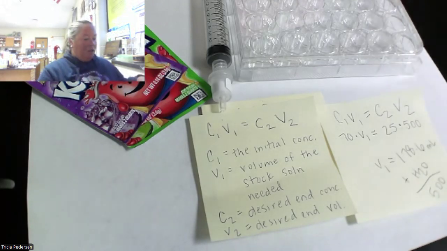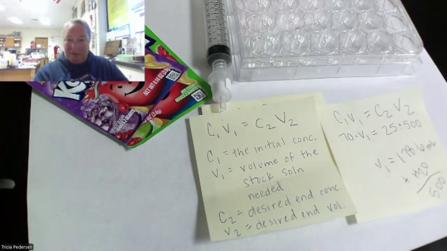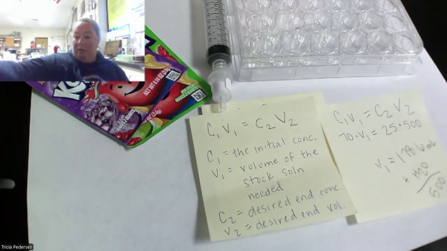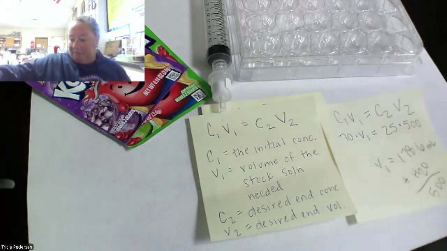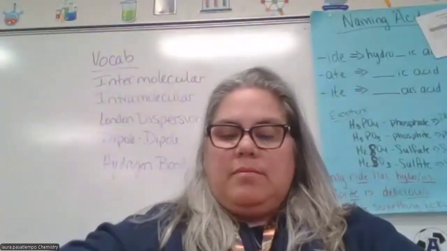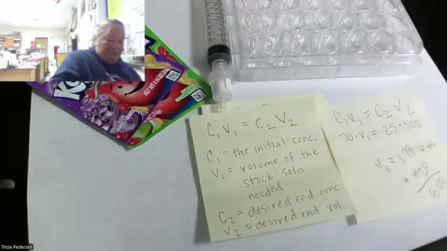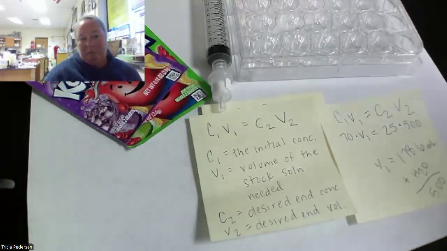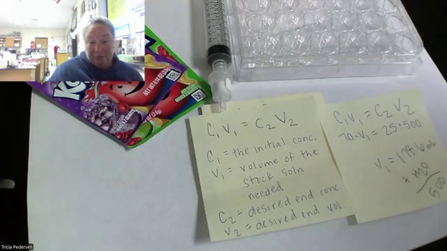Okay. Do you guys want to do the second? We can do the 5% really quick and then we can pause and we can all make our alcohol solutions. So we are going to do the exact same thing, except we are going to be using 70% alcohol to make 5%.